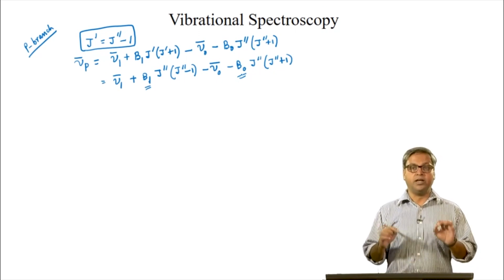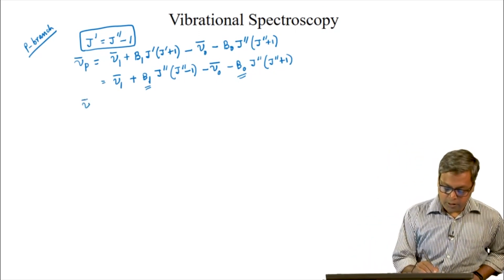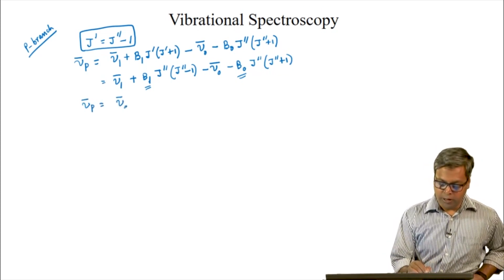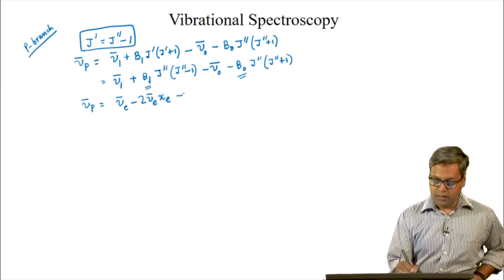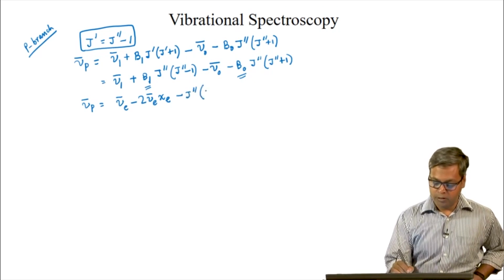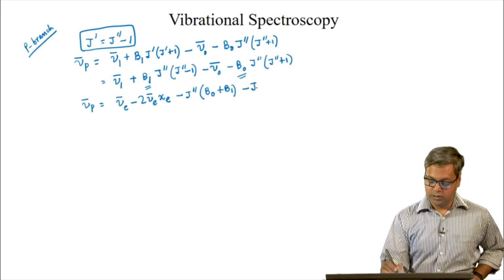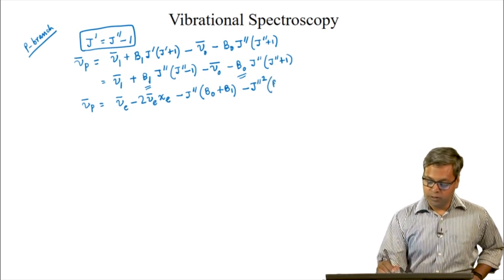So, we can rearrange the above expression as nu bar P equals nu bar e minus 2 nu bar e chi e minus J double prime times B 0 plus B 1 minus J double prime squared times B 0 minus B 1.